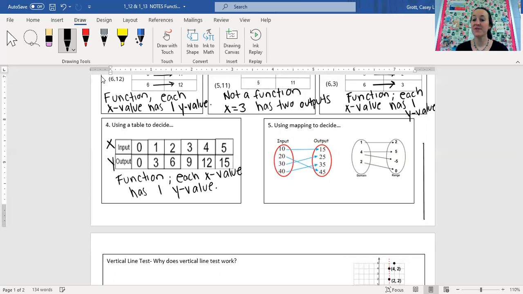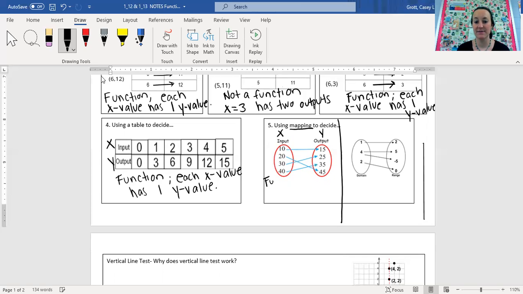We talked about in the beginning of this video, we were going to look at 3 different types. So we've looked at tables. We're going to look at 2 mapping examples. And then we're going to look at graphs. So for the mapping, know that your input or your X will always come first. I will not try to trick you. So input X domain. Do my X values each go to their own Y values? 10 goes to 15, 20 only goes to 45, 30 only goes to 25, 40 only goes to 35.